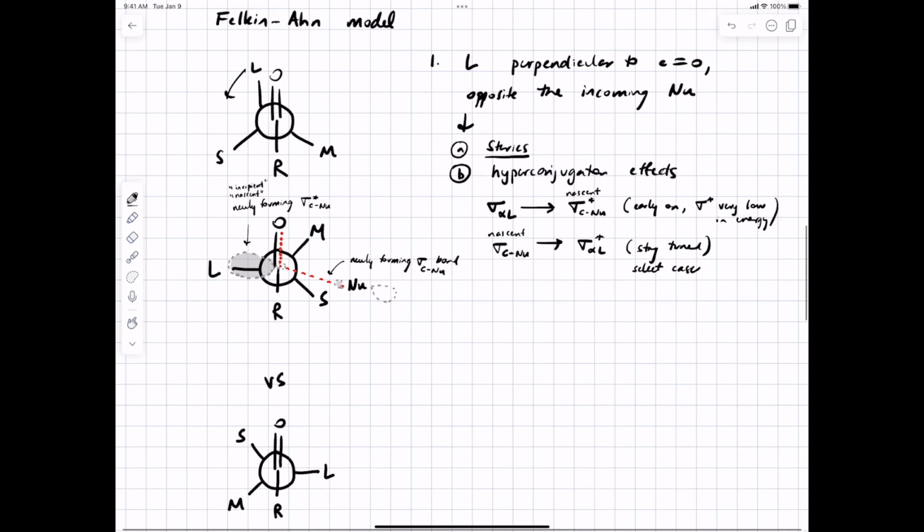Okay, so the two factors that govern why we think the large group needs to be perpendicular to the carbonyl is so that it can be as far away as possible from the approach of the nucleophile, and so you could take advantage of hyperconjugation involving the carbon large group bond as a donor, donating to the low-lying sigma star of the nucleophile as it approaches.